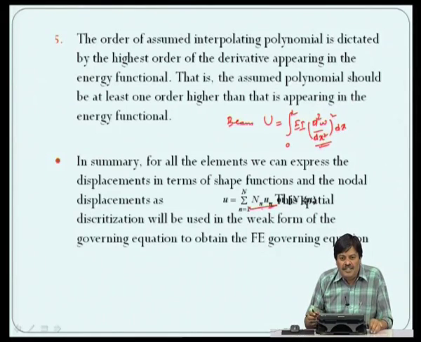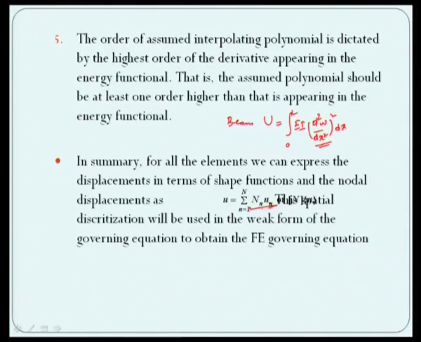The spatial discretization is used in the weak form of the governing equation, substituted there, and then we formulate the stiffness and mass matrices. Then these matrices are assembled and solved to get the solution of the structure. This is in summary how the finite element process takes place.